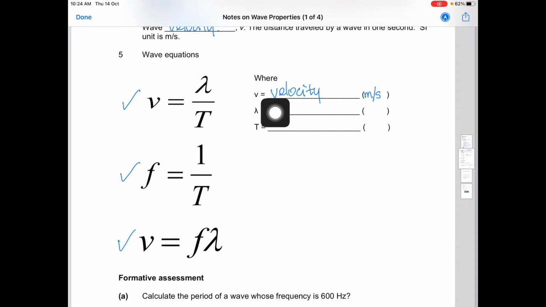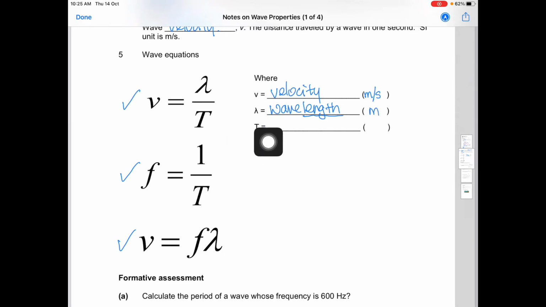Now, this funny symbol here is called lambda. And lambda stands for wavelength. And the SI unit for wavelength, well, it is a length after all, is measured in meters.